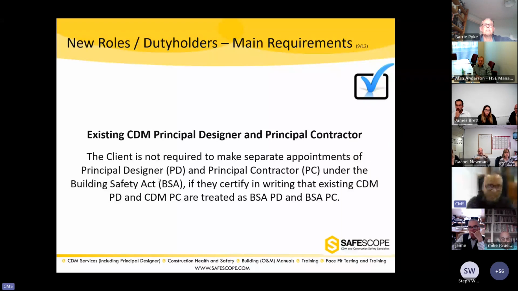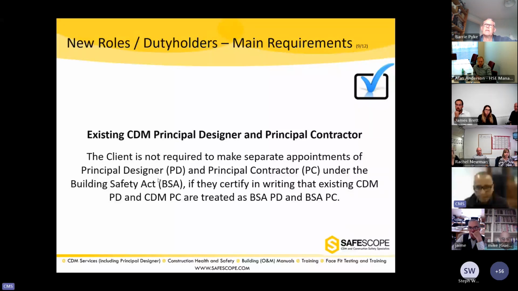Say if we are acting as a principal designer and the client comes to us and says, well, I'm going to certify you to act as a Building Safety Act principal designer. We would say, oh, hang on. Why would you do that?